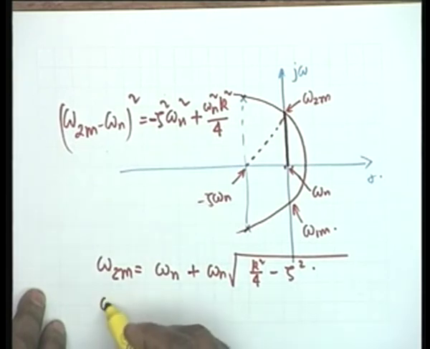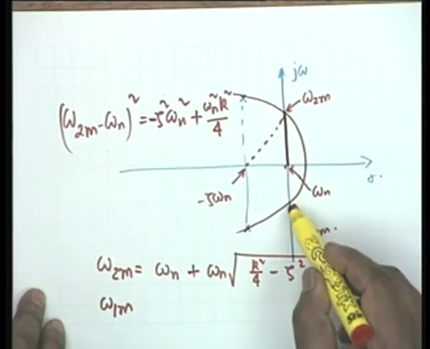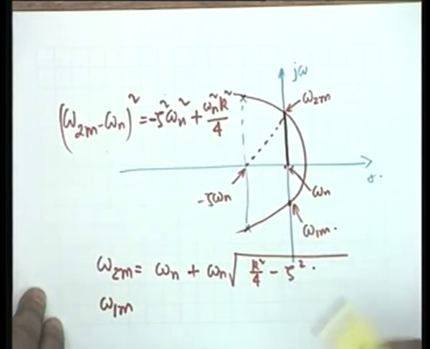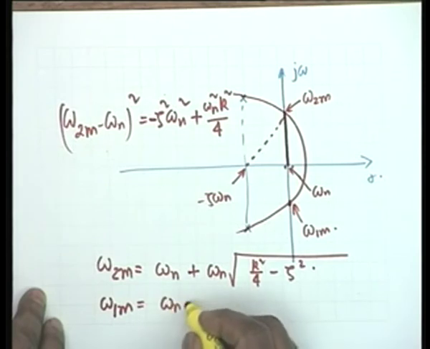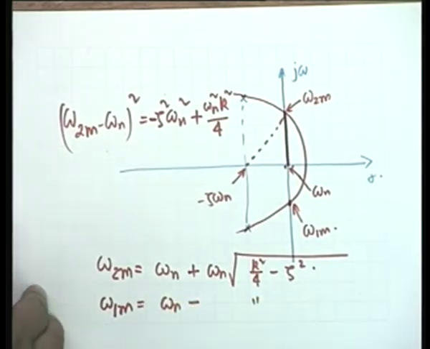And obviously omega 1m, this maximum shall be symmetrically located with respect to omega n, so it should be omega n minus the same quantity. These are the expressions for the two peaks. One must not lose sight, however, of the assumptions.